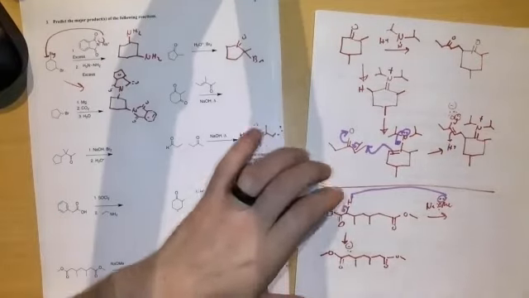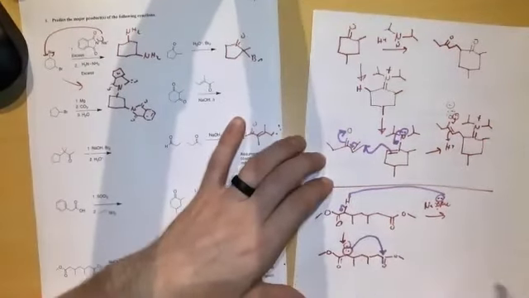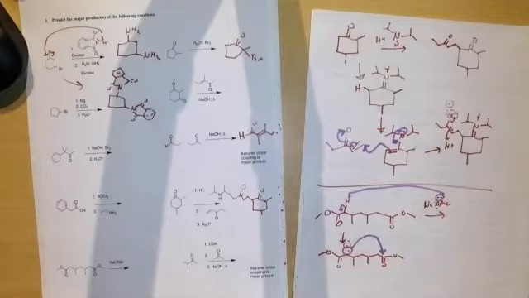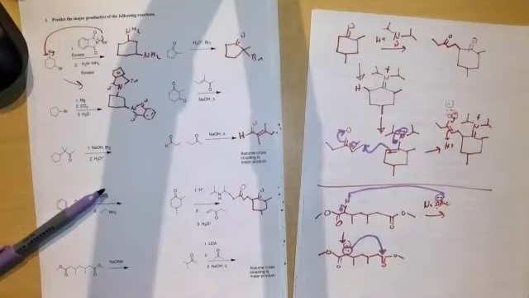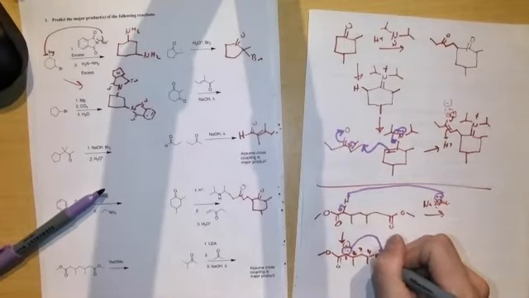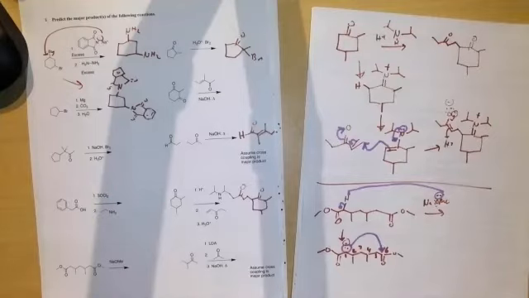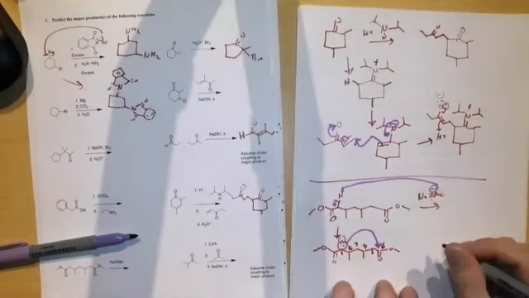From here, we can cyclize. This is gonna form a 1, 2, 3, 4, 5, 6-membered ring here. And we can kind of use that for everything. So let's start with a 6-membered ring.